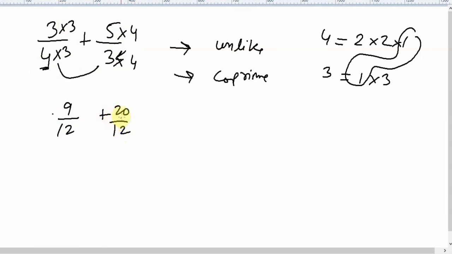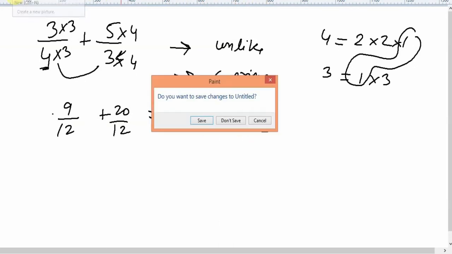It is easy in case of co-prime, simply multiply the denominators. Now they are like, so we add the numerators: 20 plus 9 upon 12, or 29 upon 12.